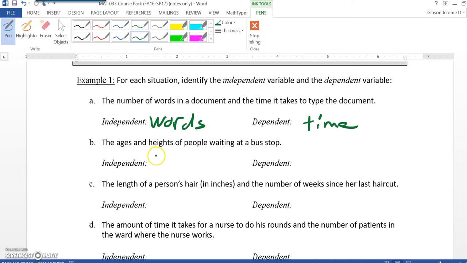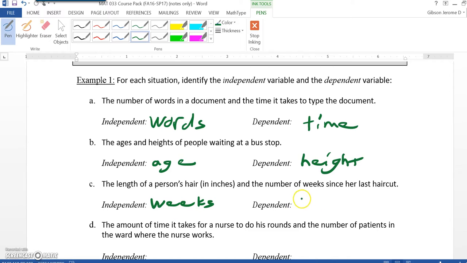Now we come here to B, the ages and heights of people waiting at a bus stop. So the independent is age, and the dependent is height. Now we come to C, the length of a person's hair in inches and the number of weeks since her last haircut. The independent is the weeks.